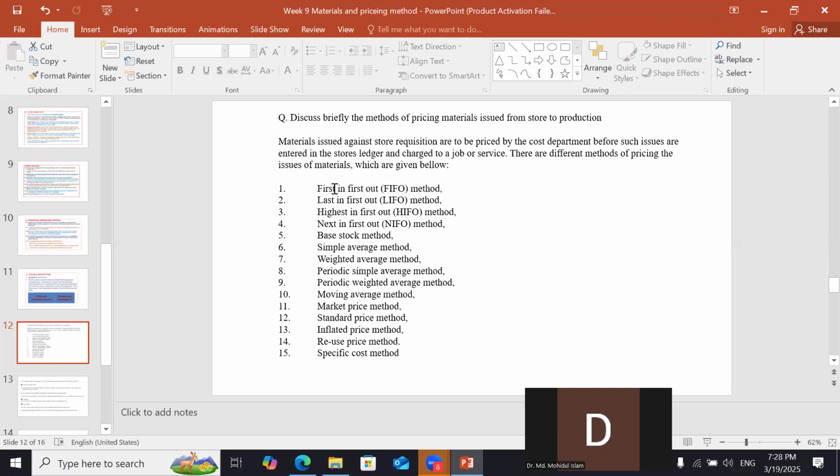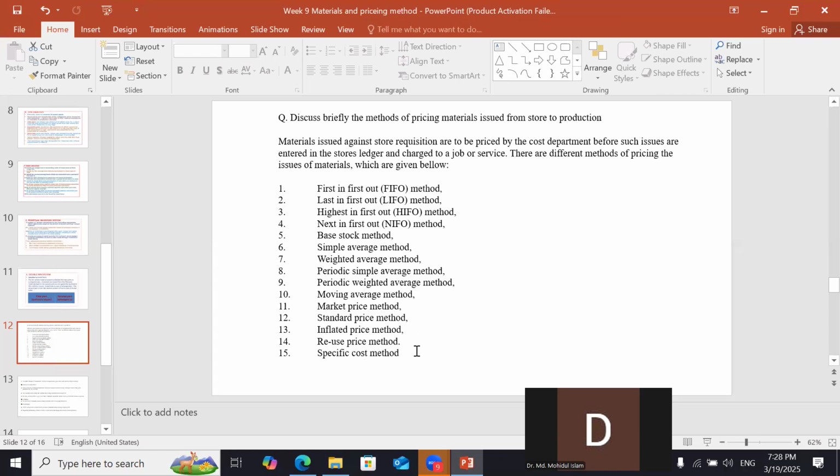First in first out, last in first out, highest in first out (HIFO), next in first out (NIFO), base stock method, simple average method, weighted average method, periodic simple average method, periodic weighted average method, moving average method, marketing average method, standard price method, inflated price method, reuse price method, specific cost method.